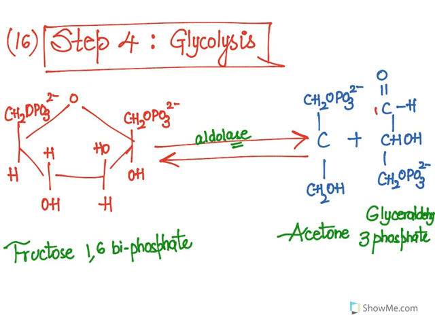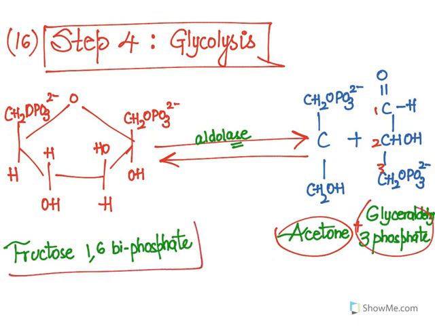As you can see, we have first carbon, second carbon, third carbon. So that is how the name comes, 3-phosphate. This is the formula for acetone. These are the two products we are getting. And remember, this was what we started with, fructose 1,6 biphosphate. The enzyme that helps with this reaction, this is a reversible reaction, is called aldolase, the name to remember.